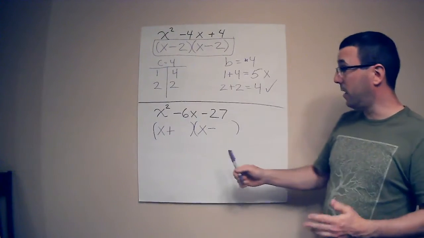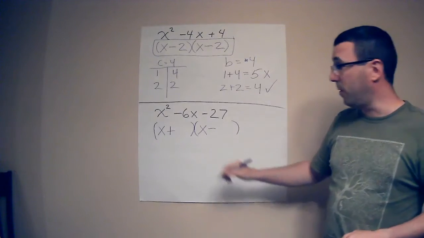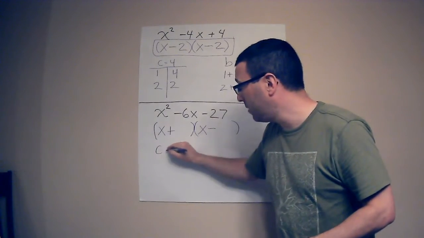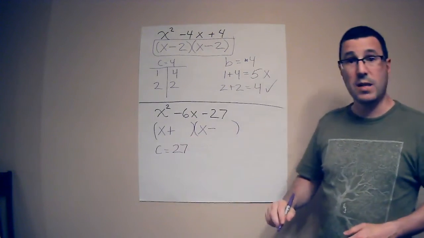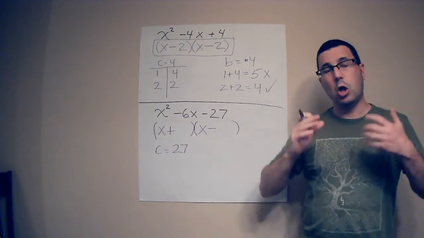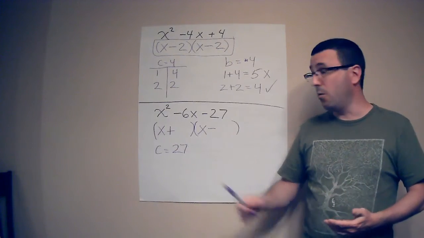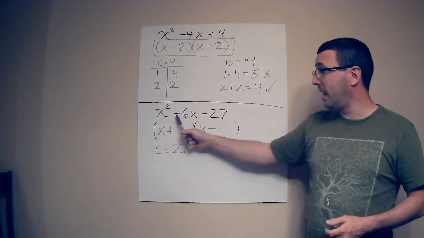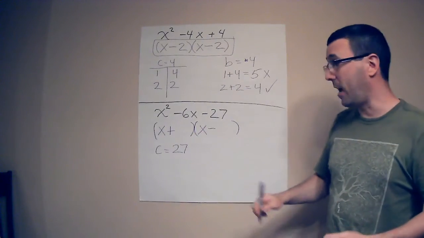So, let's see. First thing I'm going to do is say, okay, I need the factors of 27. So C equals, and I'm just going to write 27, because again, the larger of the two factors is the one that's going to go in the parentheses that has the sign that we have in the middle, in this case, subtraction.